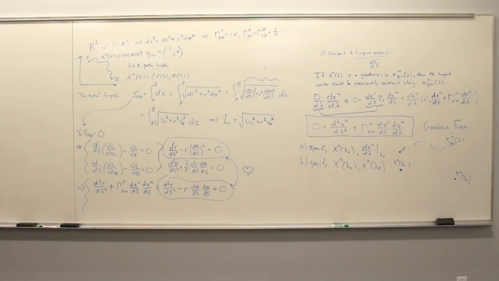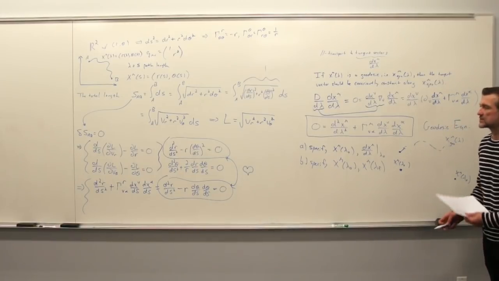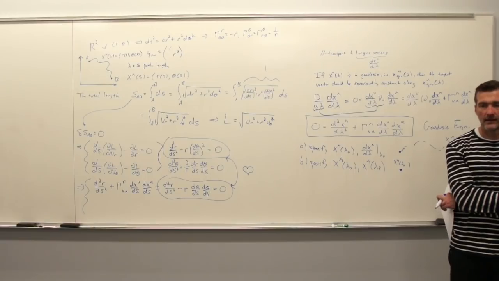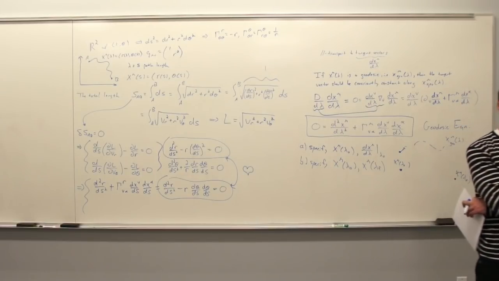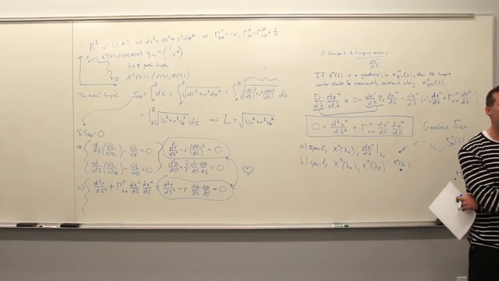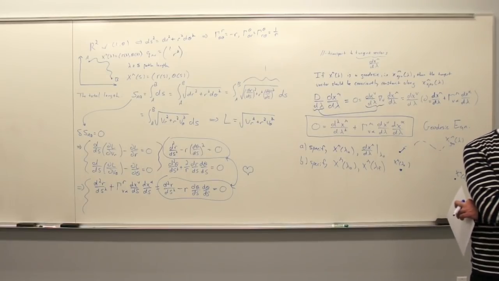Other questions? Yeah. Which came first? That's actually a really interesting question, because the extremization of the distance came first, I'm sure, because I think the second definition actually required the advent of calculus.